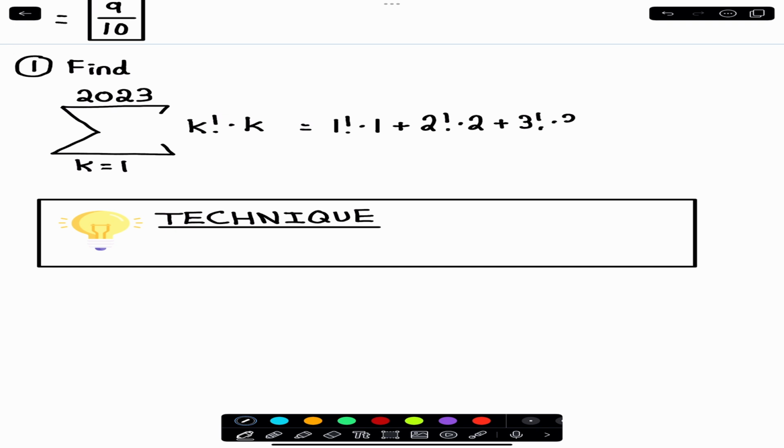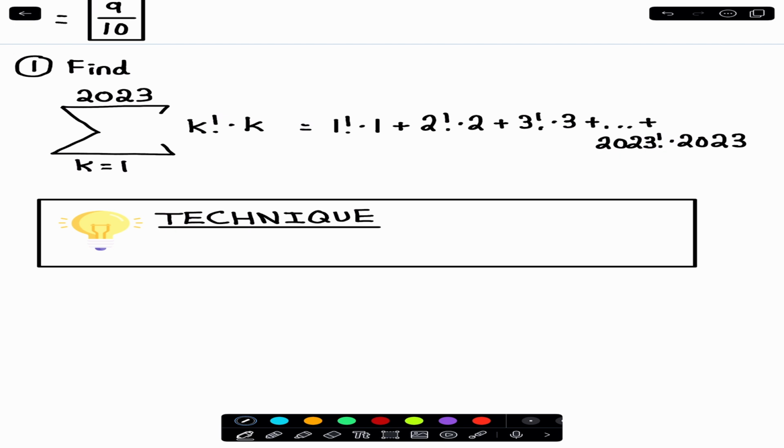So basically this is what the sum means. And then at the end we've got this huge 2023 factorial times 2023. And this doesn't really look like anything telescopes. Where's the cancellation? What is supposed to cancel with what?